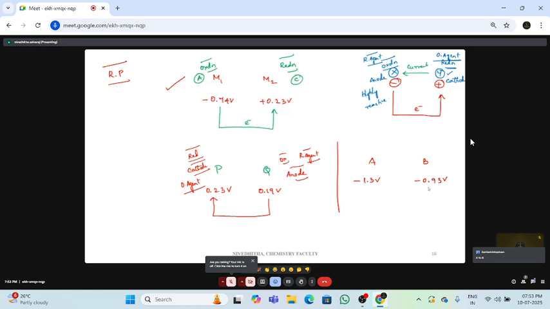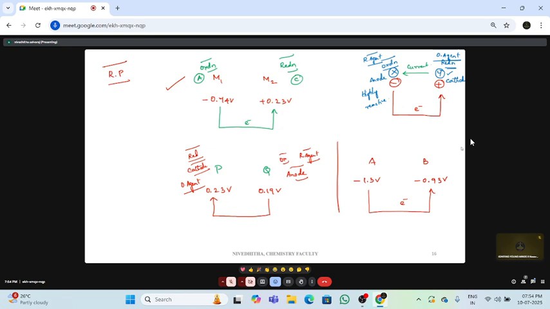Minus 1.3, right? The answer is right. Electron will be moving from lowest value to highest value, right? So the rest of the parameters you can find: which is anode, which is cathode, electron flow, current flow direction and all, we can predict from this direction, right? Any doubt? Do you have any doubt till now?